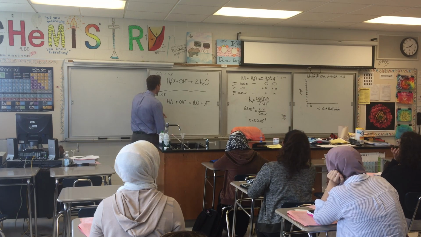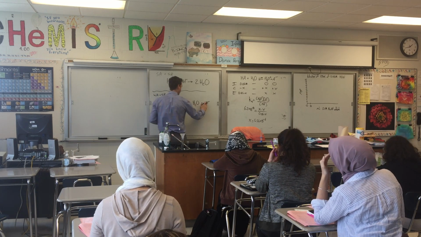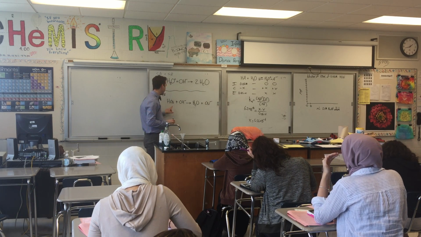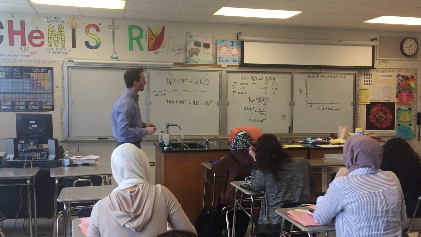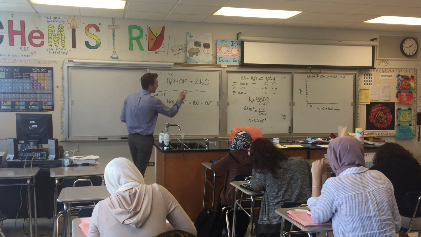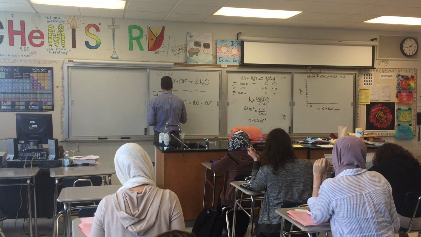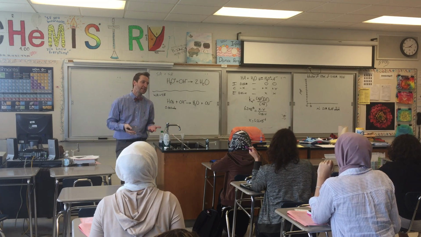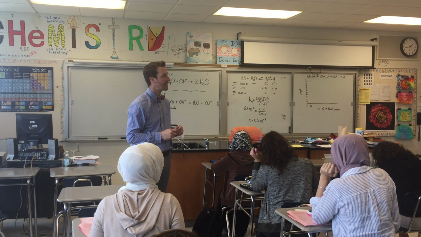How many moles of HCN are we working with? 0.05 molar times 0.1 liters means we have 0.005 moles to start with. If we've added 10 milliliters of 0.1 molar NaOH, how many moles of NaOH have we added?